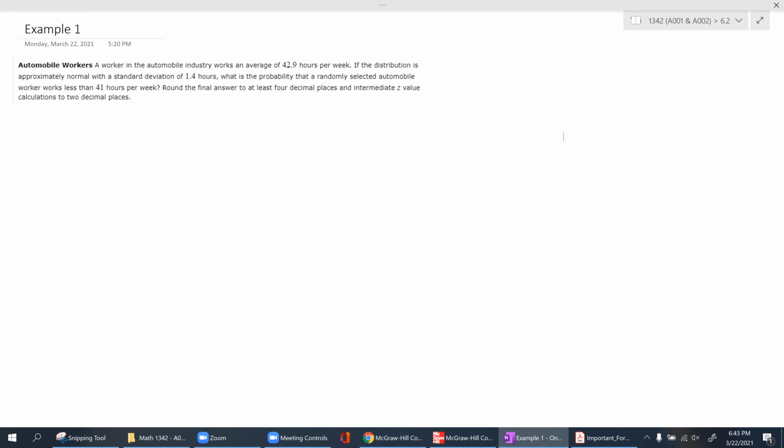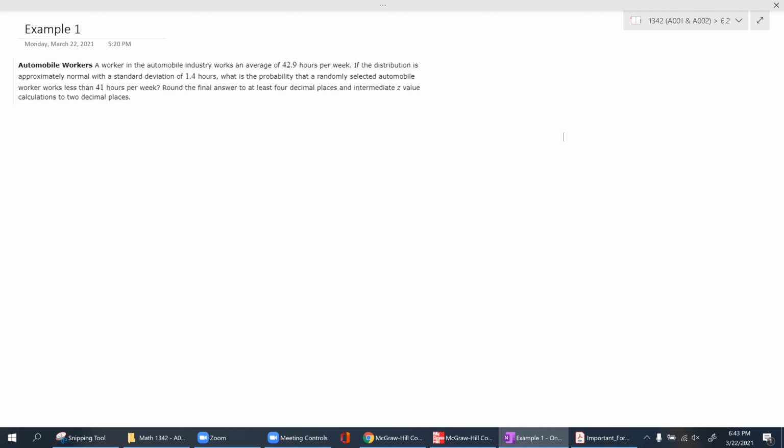In the previous section we found out how to find the z-values and the probability, or area under the normal distribution curve, as long as we're given a specific value, which we associate with x, a mean, which we associate with mu, and sigma, which we associate with standard deviation.